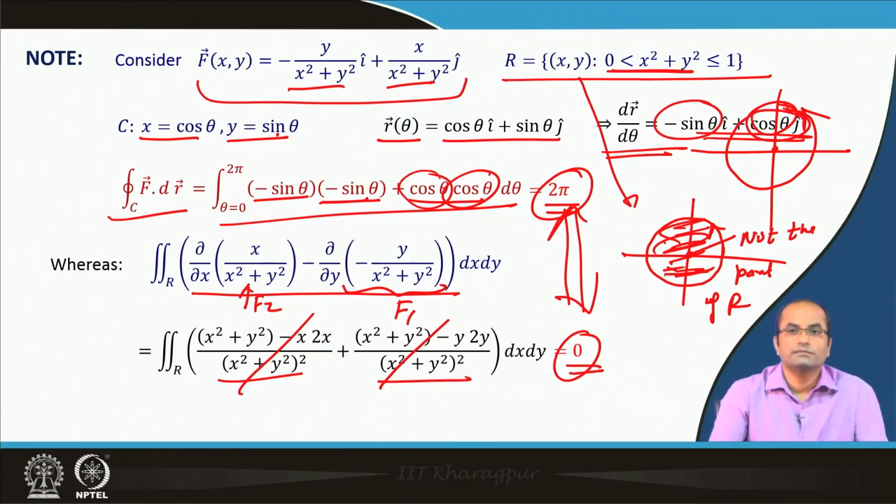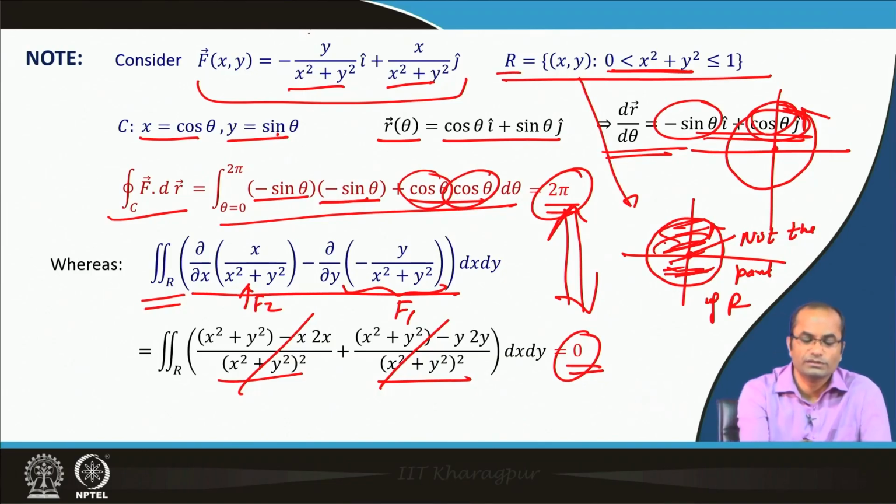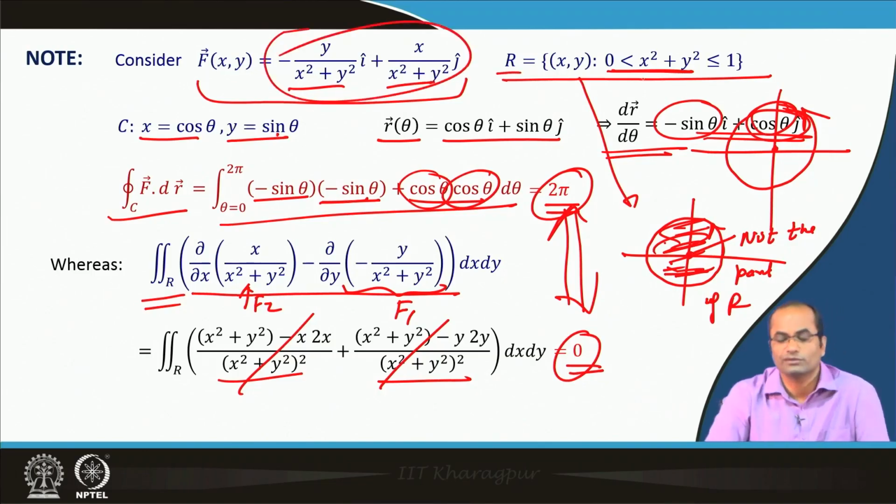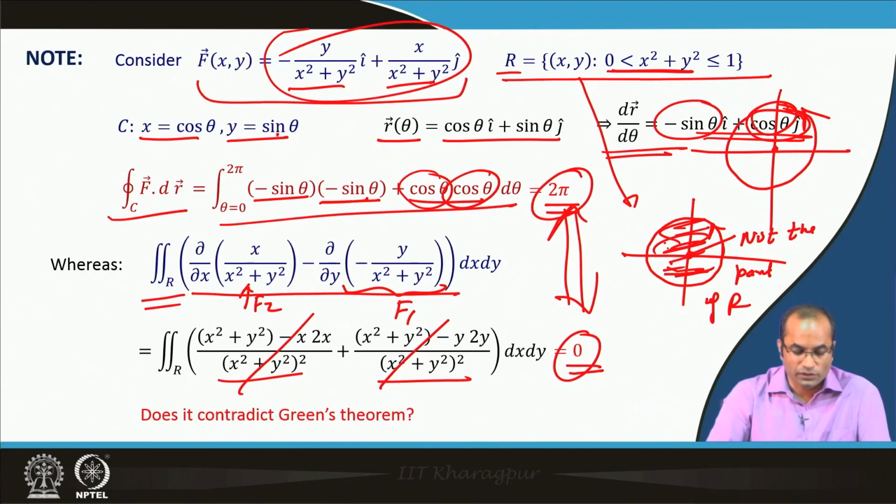Green's theorem says that we have to integrate over the region R, which is enclosed by the closed curve. Here this one point is not in the domain, because this was indeed not defined at 0, 0. Therefore, this was not a part of the domain, and therefore Green's theorem is not applicable. So, it does not contradict Green's theorem, but simply Green's theorem is not applicable because 0 is not a part of the domain.